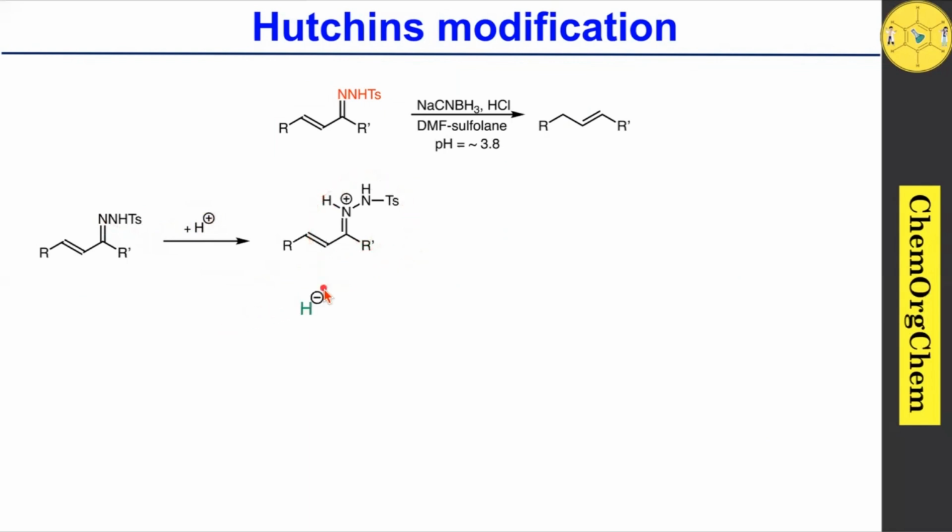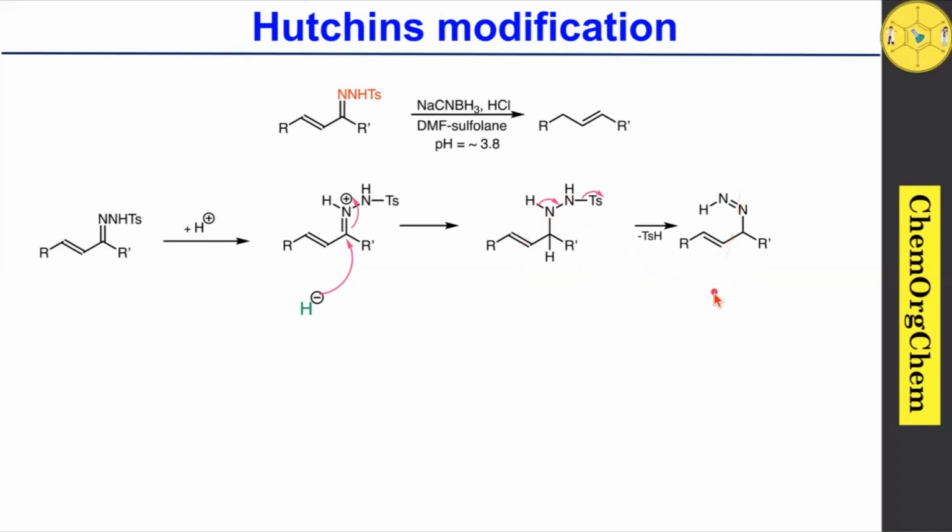Now hydride ion coming from sodium cyanoborohydride attacks the iminium carbon, so the pi electrons shift towards this nitrogen atom, which produces this corresponding intermediate. Just now we saw the previous mechanism, so most of the steps are similar. Here also the elimination of para toluene sulfonic acid happens, producing this diazene intermediate.